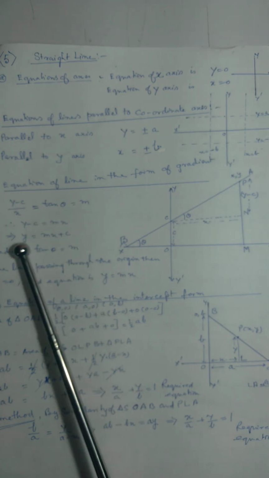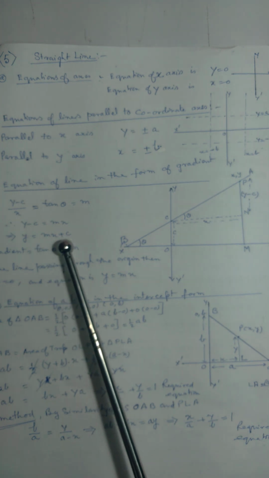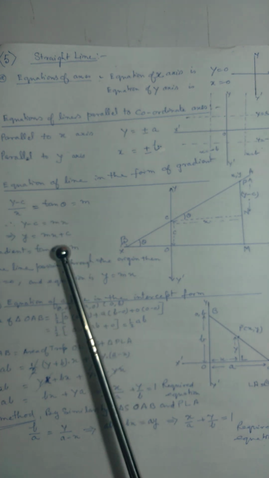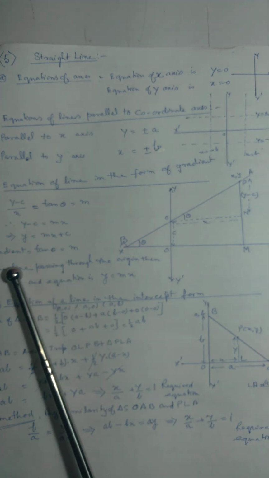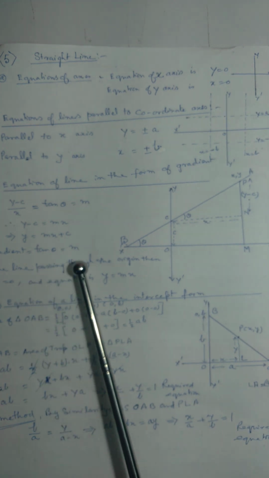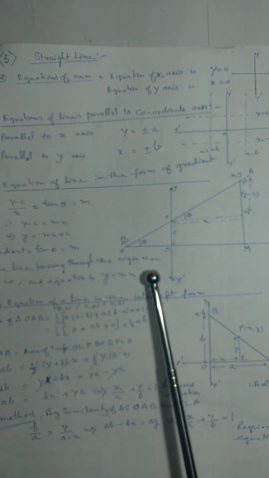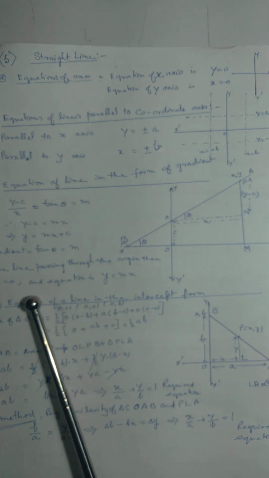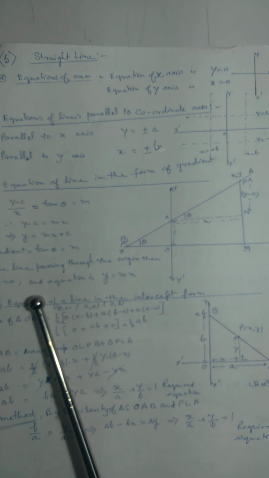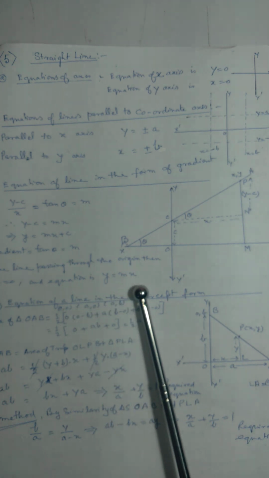So from here cross multiply it, you will get y minus c is equal to mx. What is m? That is tangent theta. So y is equal to mx plus c, the gradient tangent theta, that is m. If the line passes through the origin, then c will be equal to 0 and the equation is y is equal to mx.